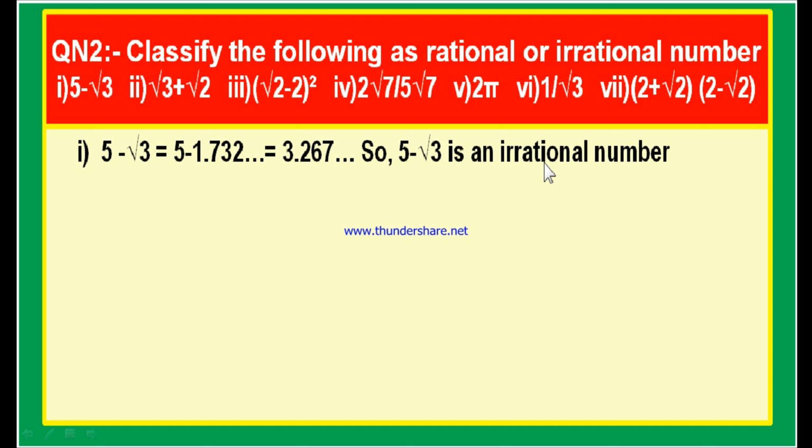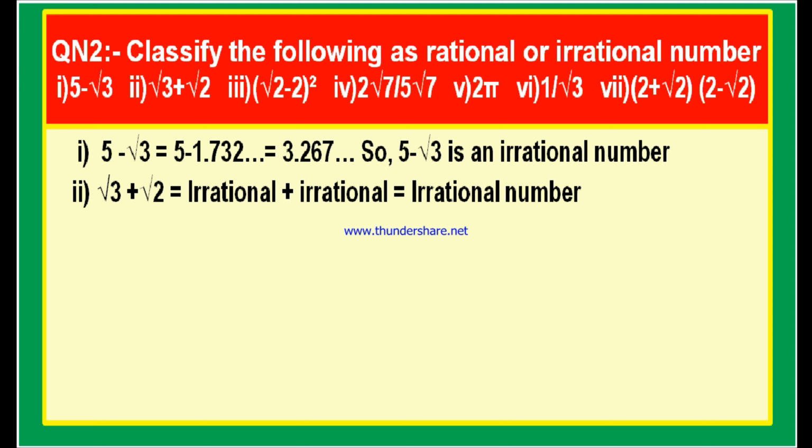Please keep in mind, if we add a rational number to an irrational number, or if we subtract an irrational number from a rational number, you will always get an irrational number. Now let us see the second bit, √3 plus √2. √3 is an irrational number, meaning non-terminating and non-recurring, and √2 is also an irrational number.